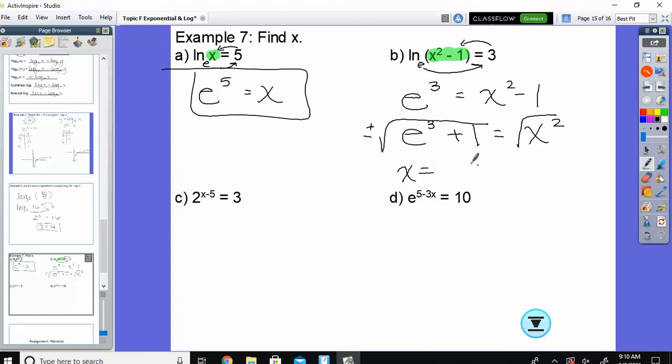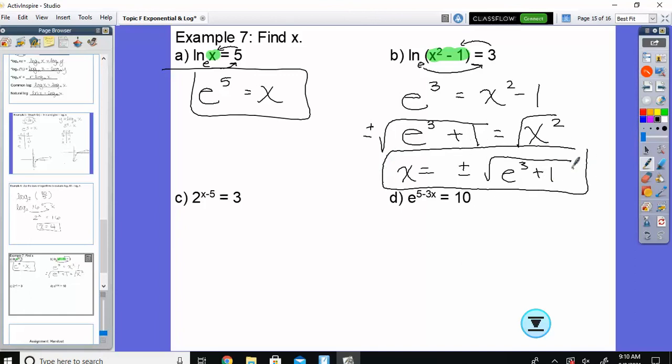No, so it'll turn out to be positive either way. So I just get plus and minus the square root of e to the 3rd plus 1.